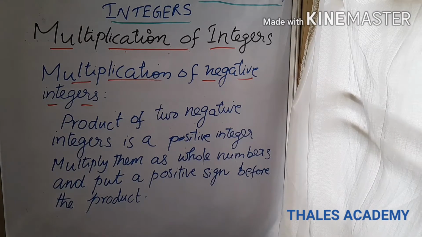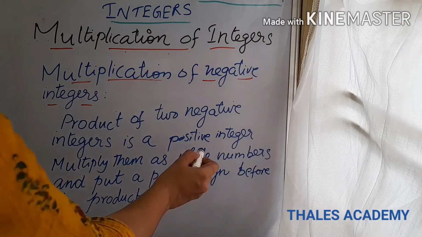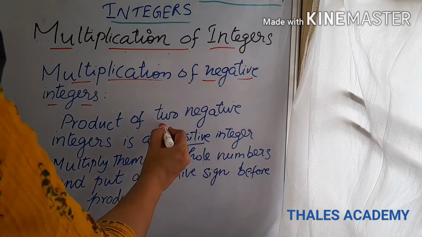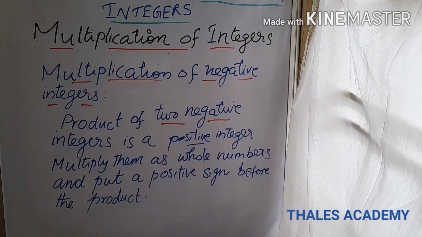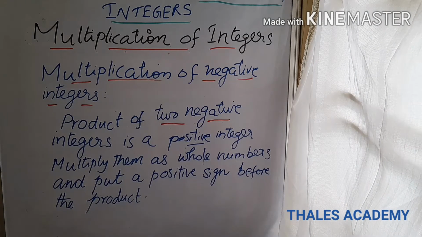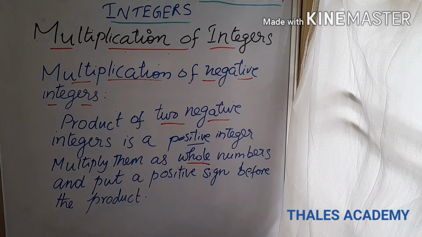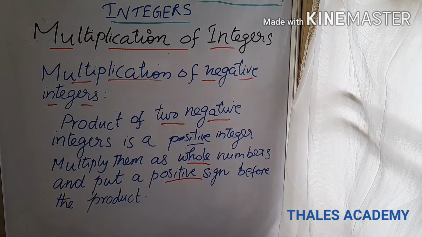Observing these products, we can say that the product of two negative integers is a positive integer. We multiply them as whole numbers and put a positive sign before the product.